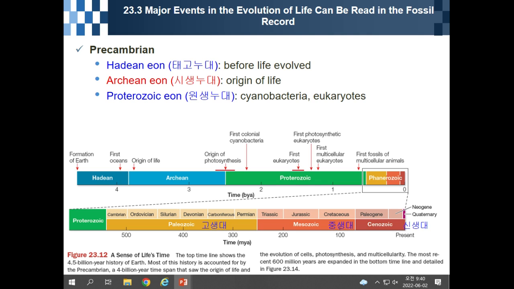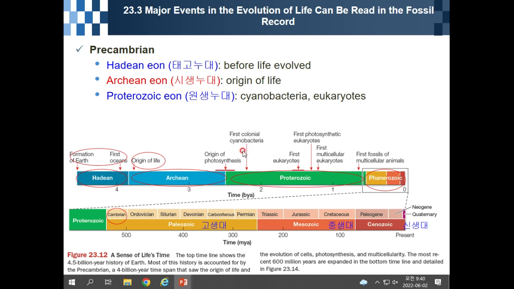Next is Archean. At that time, the origin of life happened like this. The third one, Proterozoic. In Korean, we call it 원생누대.